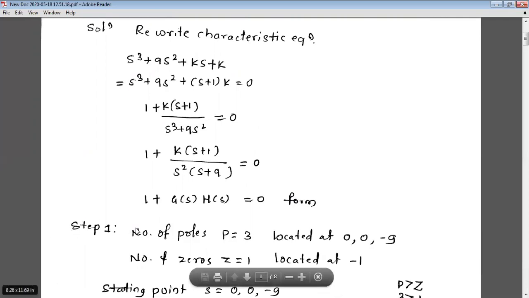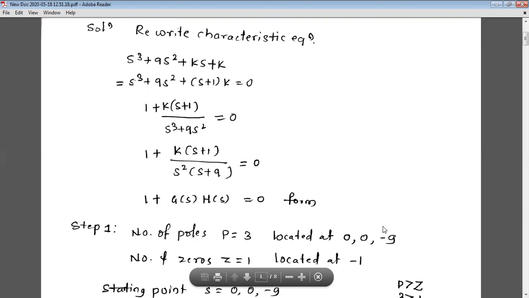Step number 1: the number of poles, P, is equal to 3. In the denominator we have s^2, which means two poles are located at s = 0, and one more pole is located at s = -9. So totally we have 3 poles, P = 3, located at 0, 0 and -9.